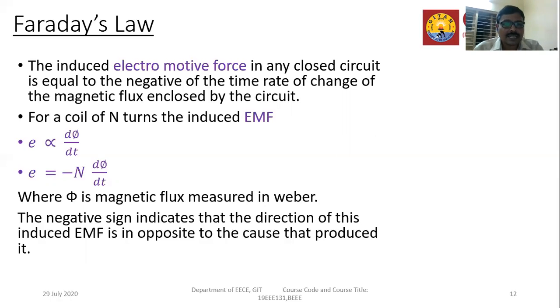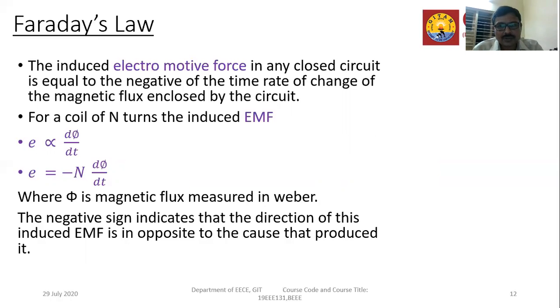The negative sign indicates that the direction of this induced EMF is opposite to the cause that produced it. Here n is again the number of turns in the circuit, phi is the flux enclosed by the circuit, and E is the EMF produced in the circuit.